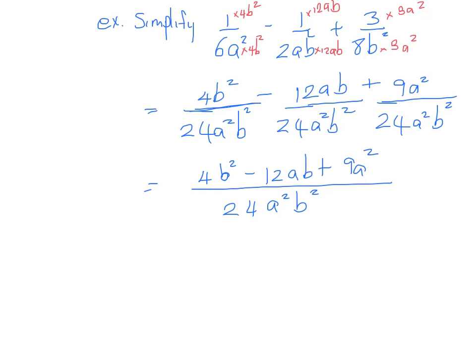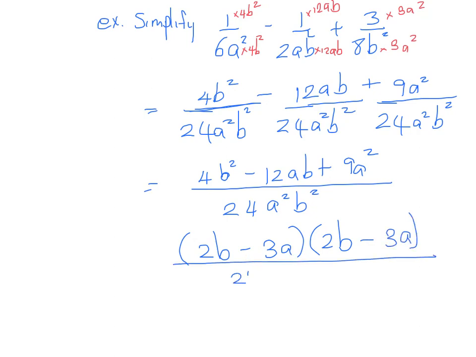Okay, so that means that we have here 2b minus 3a, 2b minus 3a over 24a squared b squared. Now there's nothing in common here. We can't factor out a common factor, and that's okay.